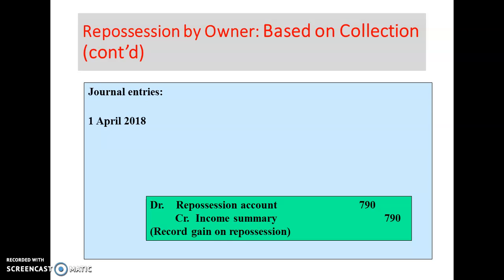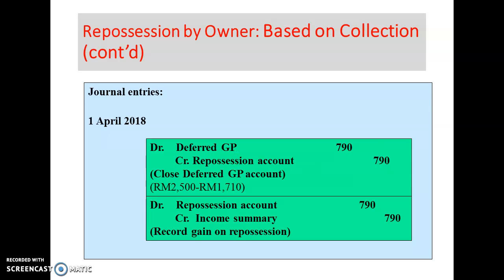The additional entries are basically to reflect that the profit that we recognize, the gross profit, which is the difference between sales and cost of goods sold, we cannot recognize lump sum. We have to calculate the amount to be recognized based on the collection of installments that has been received so far. So how do we get that?